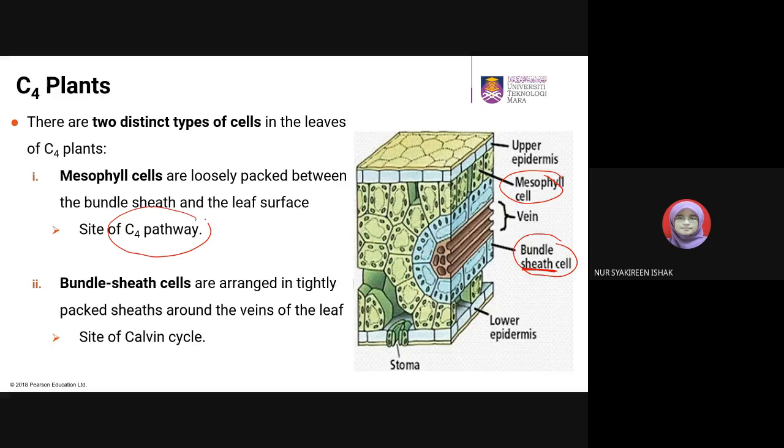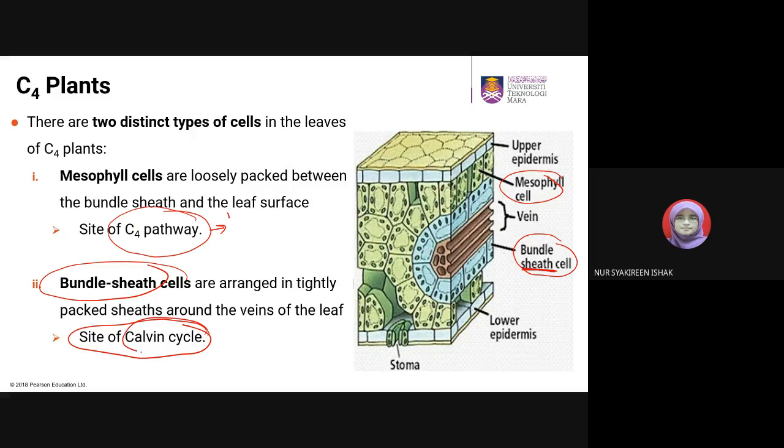It is the site of the C4 pathway. The first carbon fixation occurs in the mesophyll cell. The bundle sheath cell is where the second carbon fixation occurs. Basically, it is the site of the Calvin cycle.